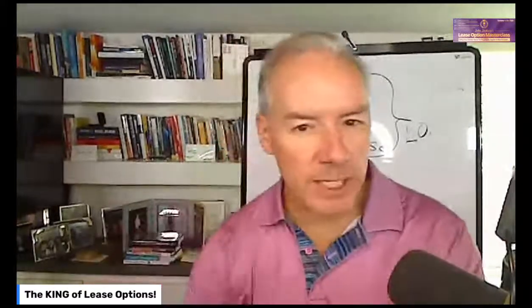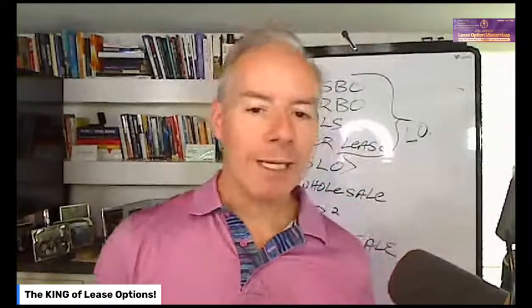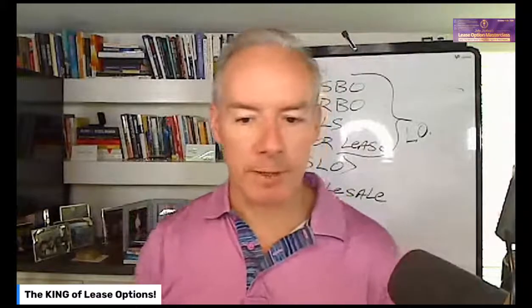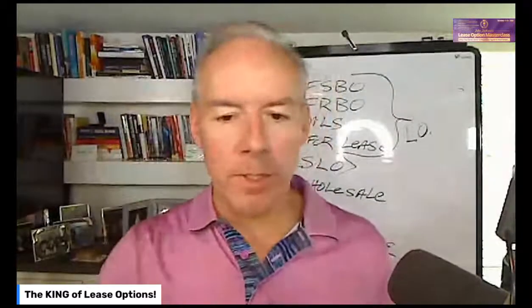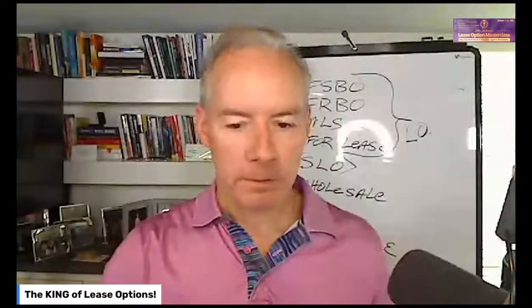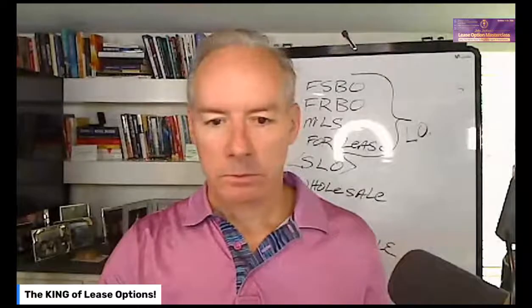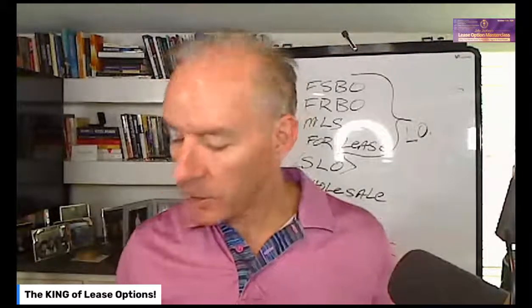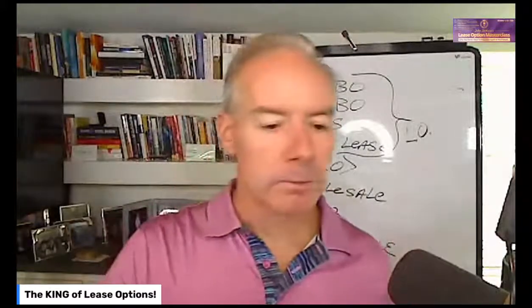This, I believe, is already in the VIP section. This is a great, very simplistic PDF that Joe Seski put together. So let's talk about this, then we'll go to the different ways of marketing to sellers. So these are some great, as Joe calls them, primary lease option seller sources.